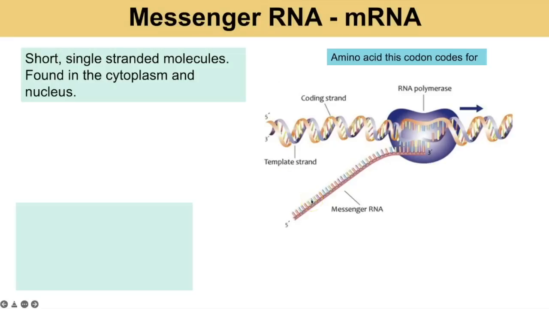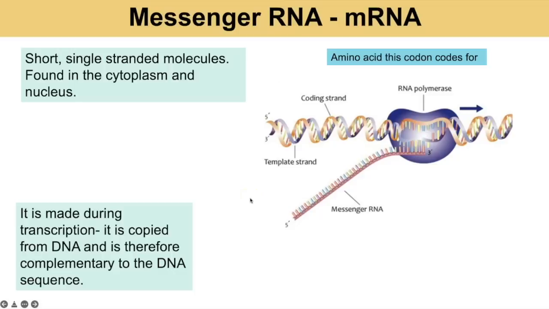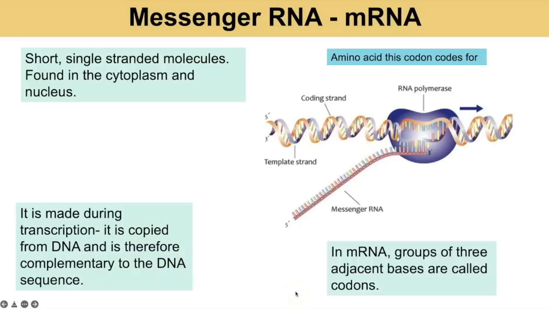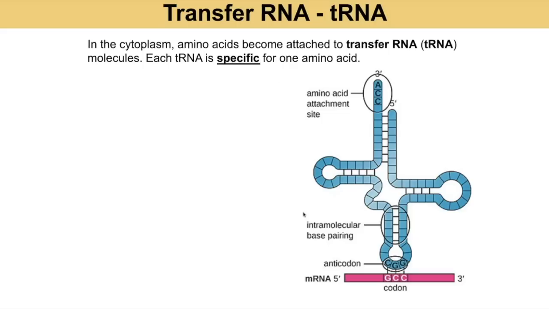It's single-stranded and it's found in both the cytoplasm and the nucleus. So it is made during transcription, and that happens in the nucleus. But then once it's been modified, it leaves the nucleus, enters the cytoplasm to attach to a ribosome. It's 3 bases on mRNA that are codons, so 3 bases which can code for a particular amino acid.